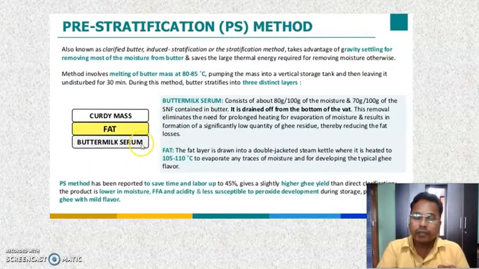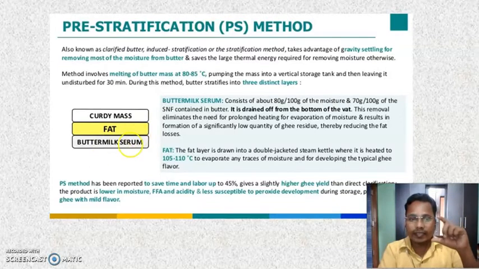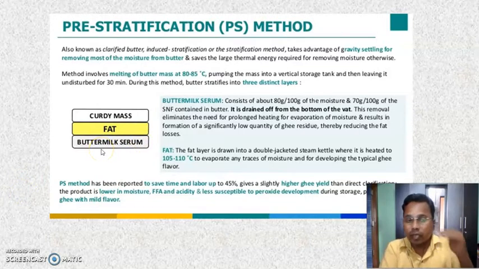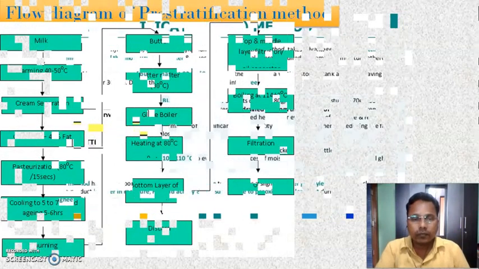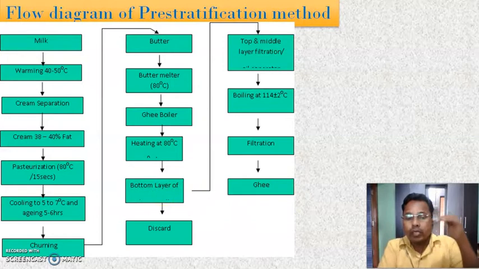Okay. After the formation of these three layers, that is the curdy mass, which is the topmost layer, the middle layer is called the fat, and the bottom layer is the buttermilk syrup. When these three layers are formed, the bottom layer is discarded mechanically.